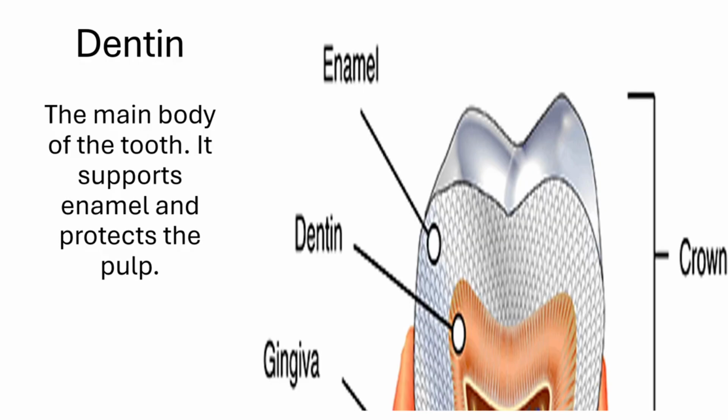These tubules help explain why a tooth may feel sensitive when enamel is worn away or when dentine is exposed. For example, cold water, sweet foods, or air can sometimes trigger sensitivity through exposed dentine.